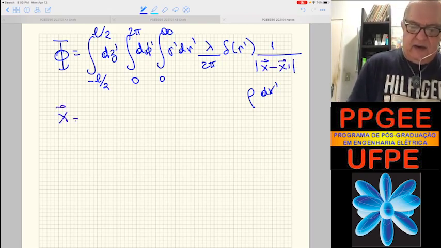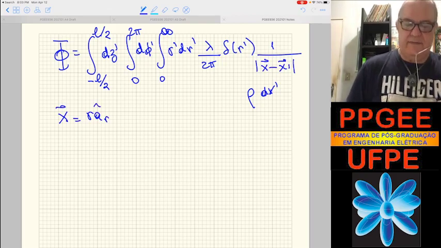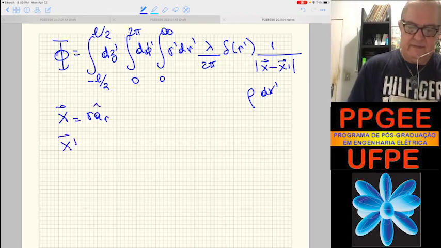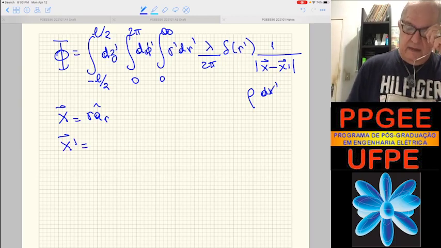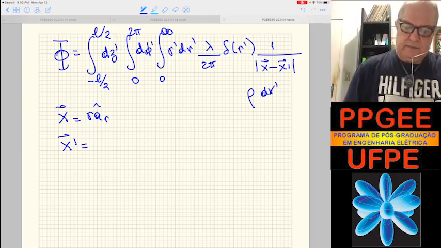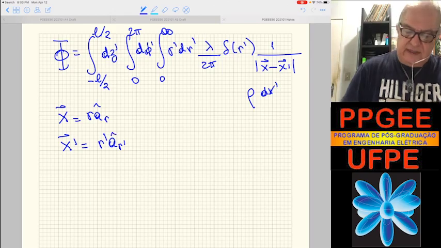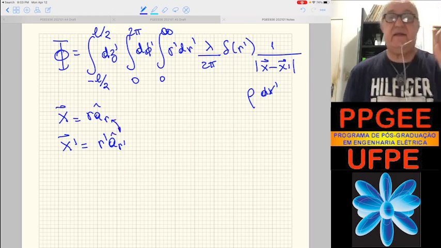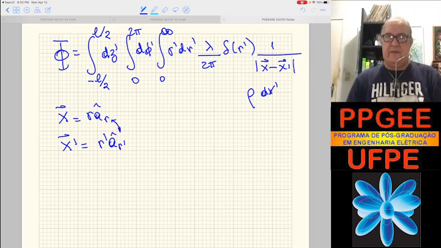x equals R AR. What is x prime? x prime equals R prime AR prime plus Z prime AZ. Notice that AR is fixed, while AR prime is variable.